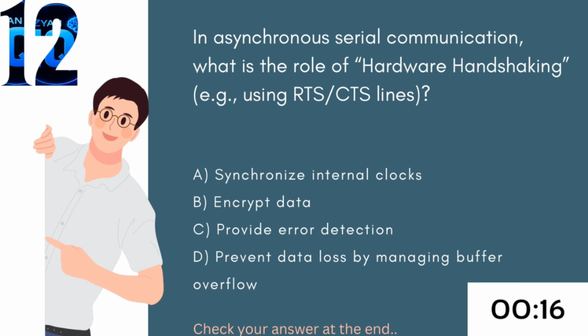It's a vital part of ensuring smooth and reliable communication, especially when dealing with asynchronous data streams. So, in summary, hardware handshaking ensures that both devices are synchronized and ready to exchange data efficiently, which fits into our overall goal of making data communication more reliable and error-free.